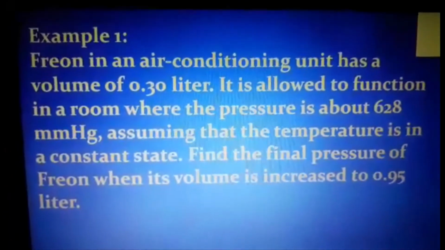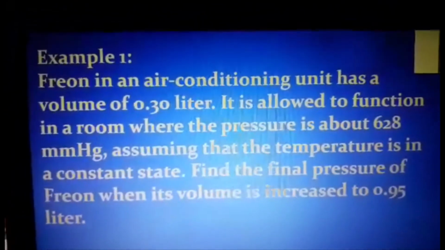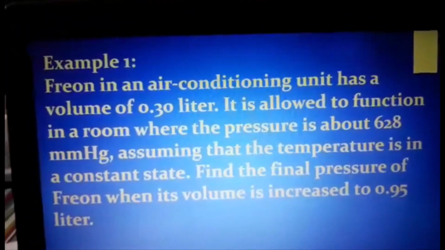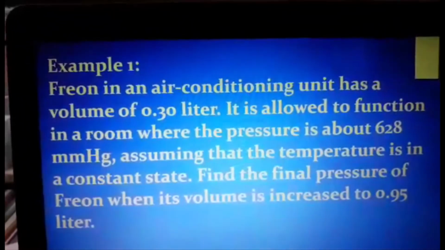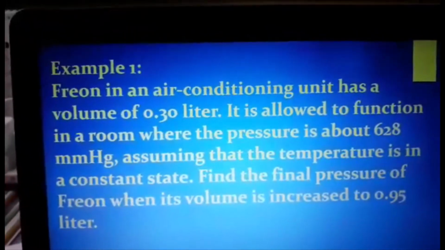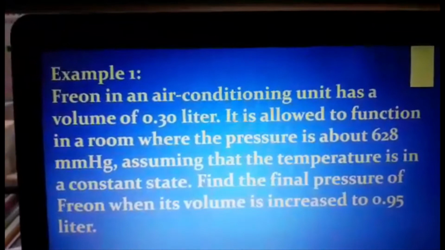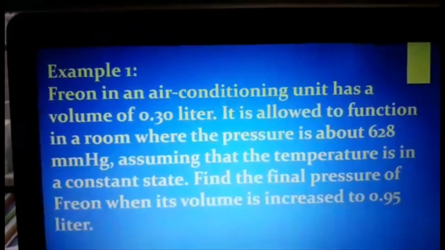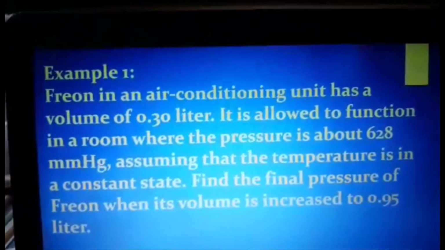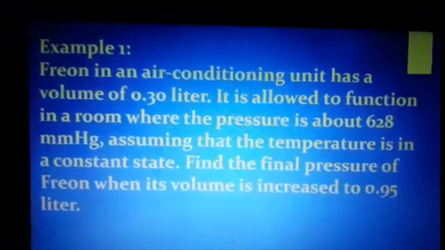From 0.30 liters, it increases to 0.95 liters. So what do you expect from its pressure? The pressure is 628 millimeters of mercury. Let us see as we solve this problem.